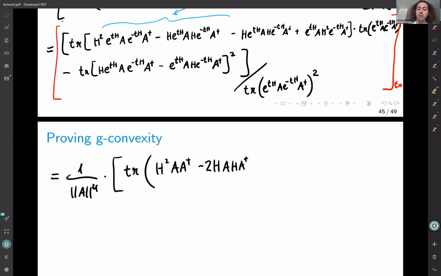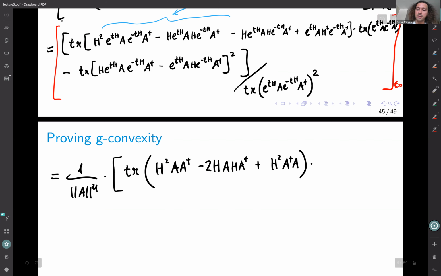And then we have plus, using the cyclic property of the trace, the trace of H squared a dagger a. So this is the first one.